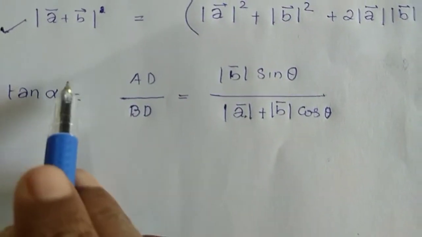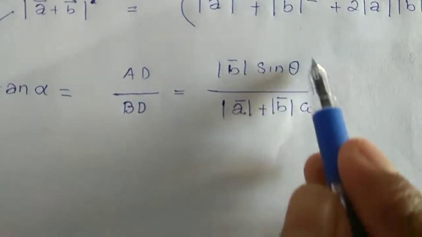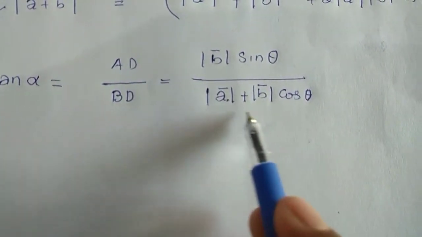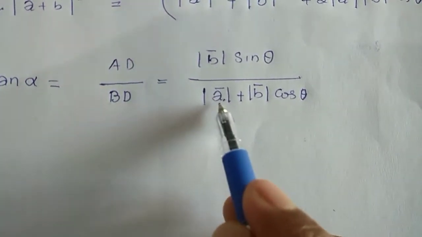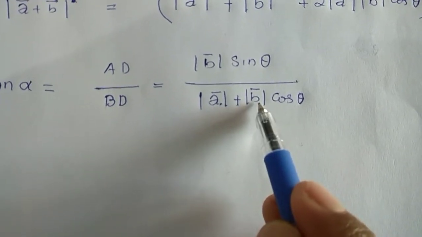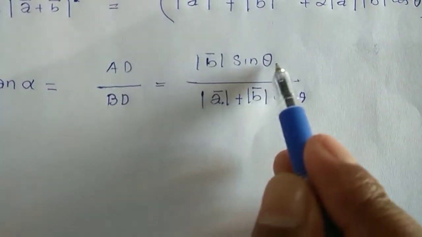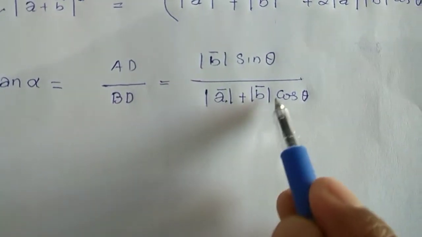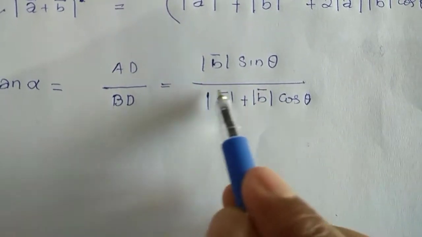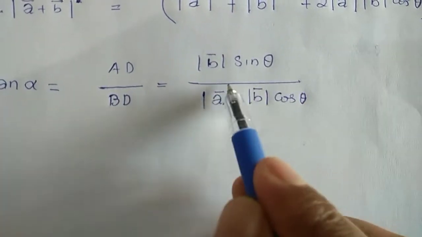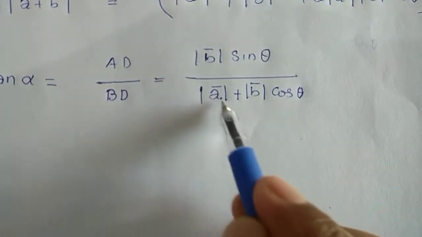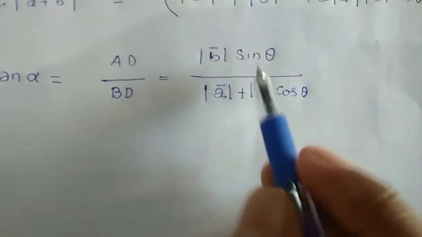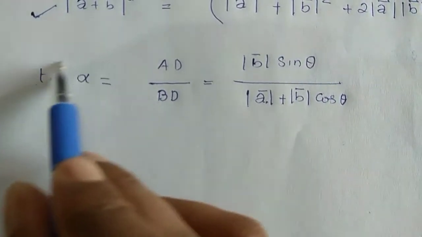Tan of alpha must be dimensionless, and it is, because the numerator and denominator both have the dimension of vector B, since the two vectors have the same dimensions, so the ratio is dimensionless.